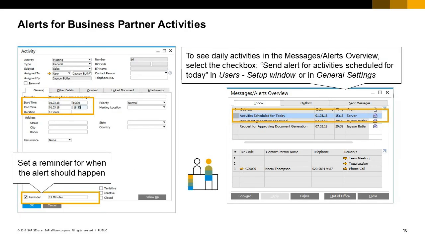When you set up an activity in the Business Partner Master data, SAP Business One has functionality that allows you to set an alert to be sent to the user for a specific type of activity: phone call, meeting, note, other. You can also set a reminder and a time frame for when the alert should happen. The alerts for activities are controlled by the Send Alert for Activities Scheduled for Today checkbox.